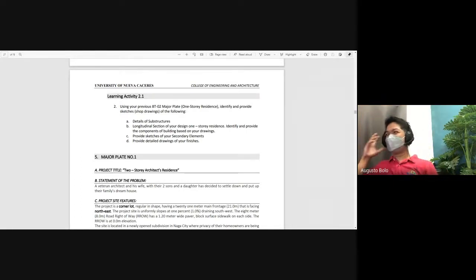Ikakagalit nyo ba kung magbibigay na ako ng plate? Strict? I am also strict. No naman, relax lang. I am also strict with the submission, but I'm considerate. That's why we became tandem on thesis because of that.